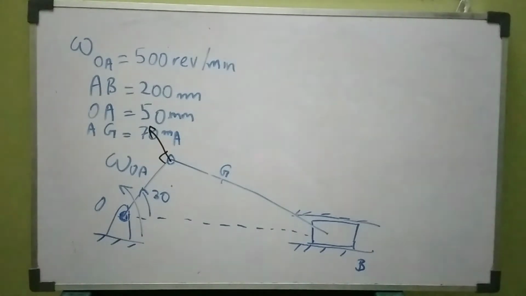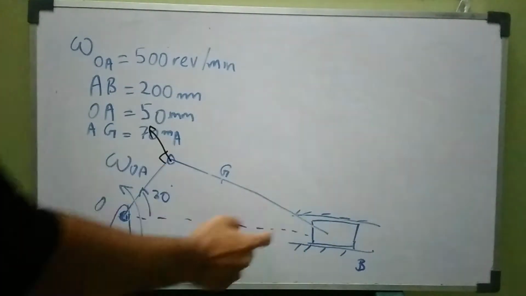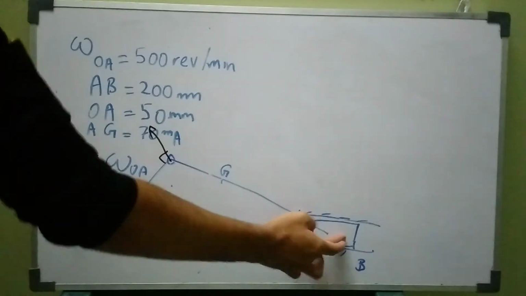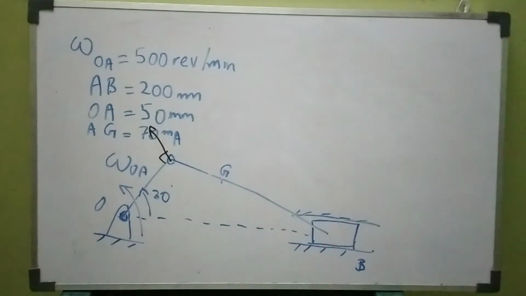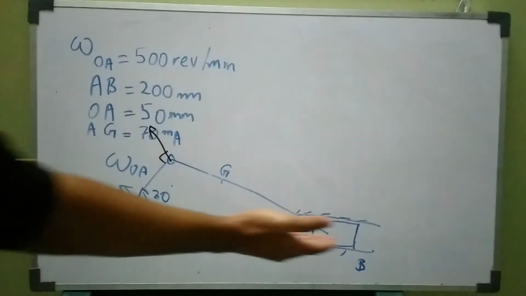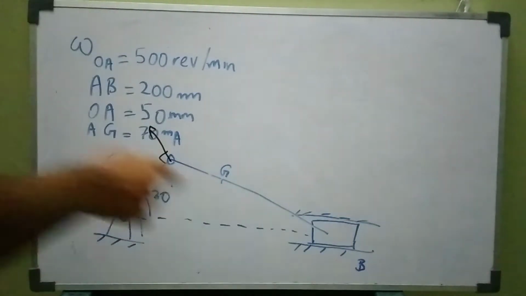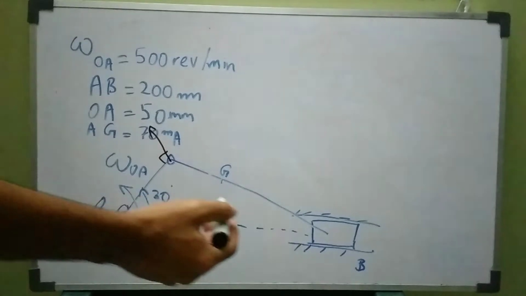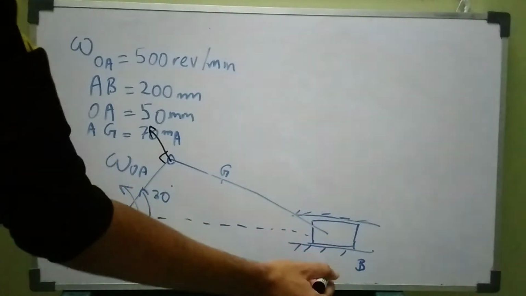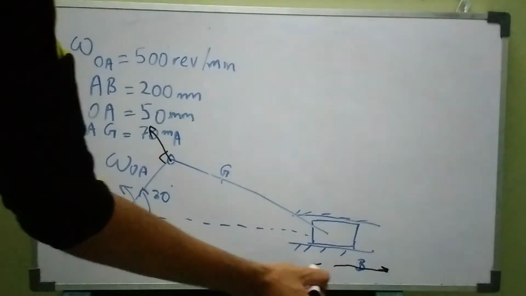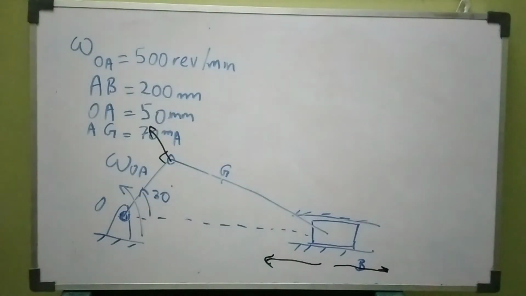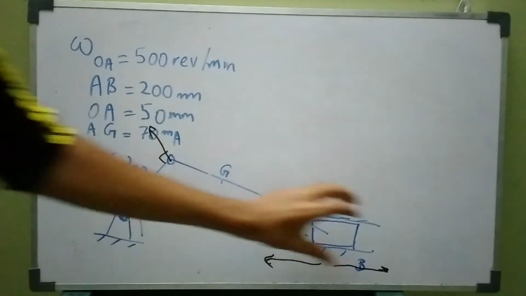So when we are considering this, actually we knew that this B is going to move horizontally. That's the main thing. Why is that? As they are bounded to move, we can directly tell this B is going to move either this way or this way. So it's not a big deal. We can directly tell that because it can only move along the horizontal axis.